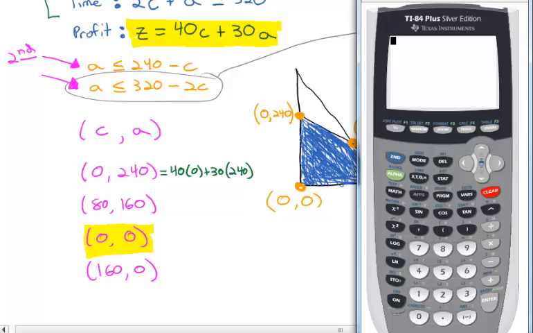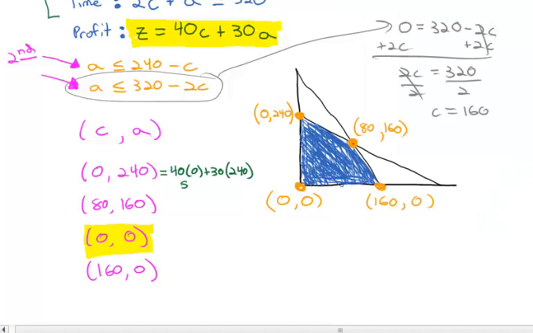Well, 40 times 0 is 0. All we have to really do is 30 times 240 to get $7,200 profit. If I plant all oats, I make $7,200. What if I plant 80 corn and 160 oats? Well, that's 40 times 80 plus 30 times 160.